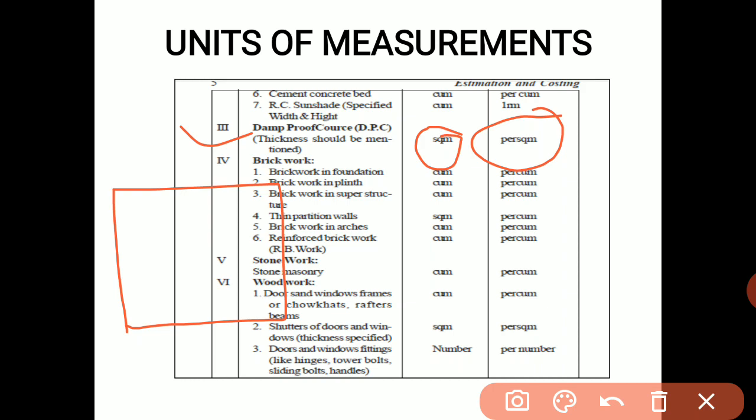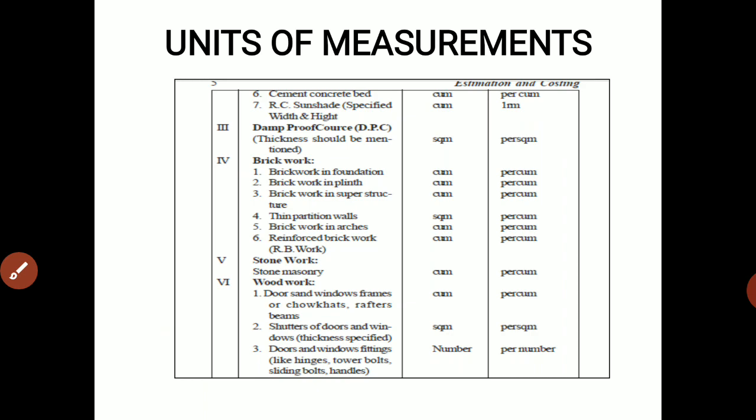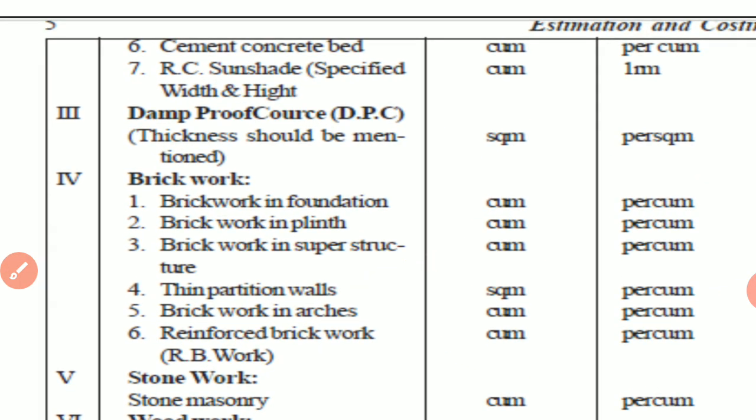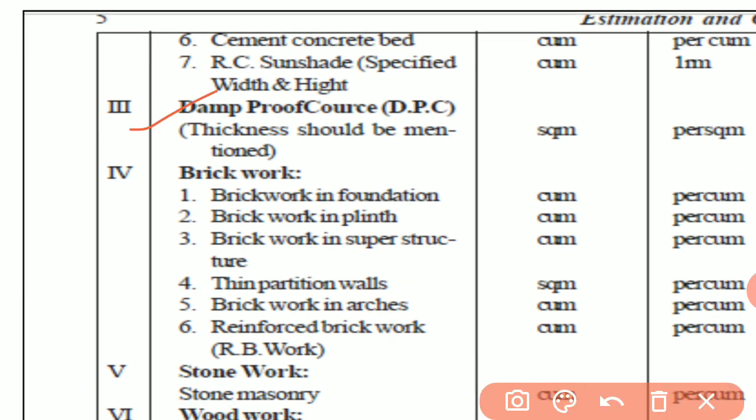Above that it will not be a coat of DPC. So this 12 mm will not hamper the other two dimensions, length and width. So we will neglect thickness here and measure the DPC in square meter, but the thickness will be mentioned separately.